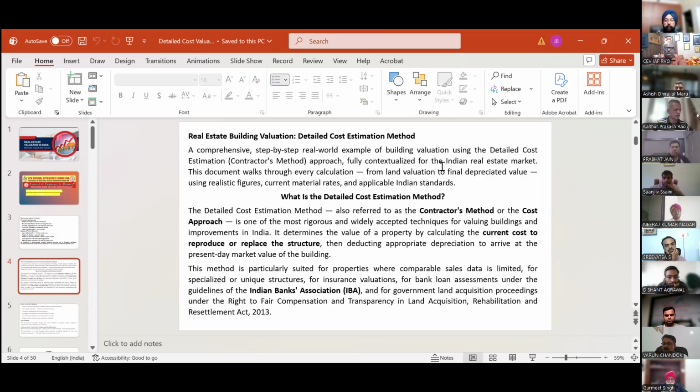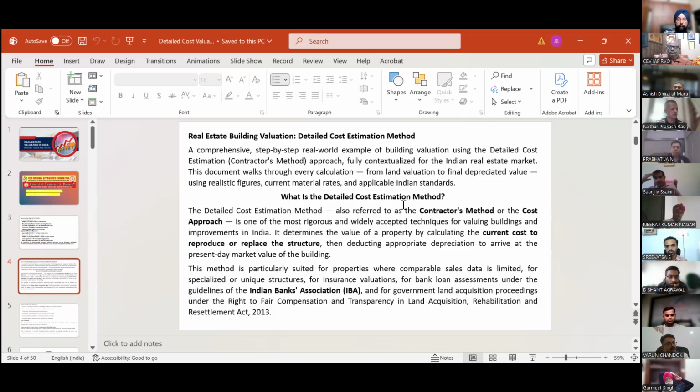As far as the detailed cost estimation method is concerned, generally in the cost approach method we calculate the cost of the land based upon the market approach, then calculate the cost of construction on the basis of plinth area rates, and then apply depreciation as applicable.